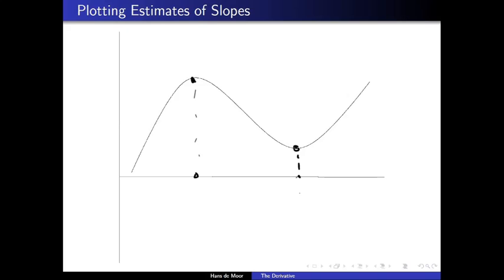If I'm looking at this point right here, let's say that's where I have a fairly large positive slope. So I'll just put my value arbitrarily here as being the slope. Now at this point here I have a negative slope, and so I expect my value to be negative. And so we can just put a negative down here.